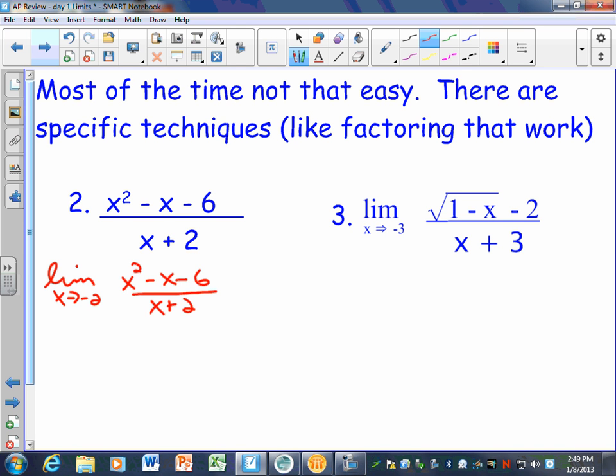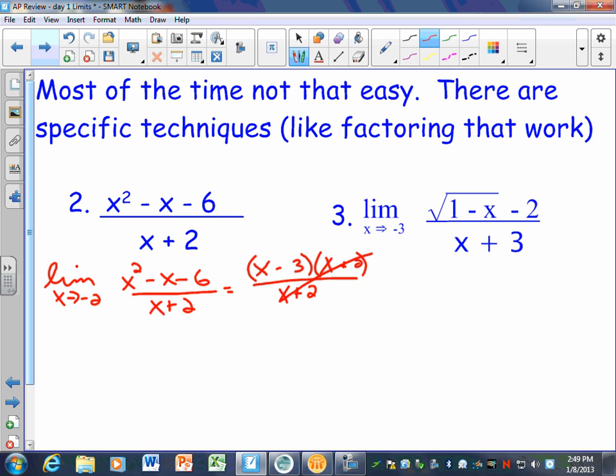You just have to remind yourself, this isn't so bad to do. We could factor this. x plus 2 on the bottom. And on the top, what multiplies to give me negative 6 and subtracts to give me negative 1? That would be negative 3 and positive 2.